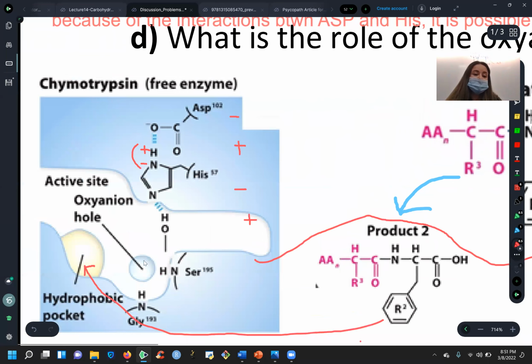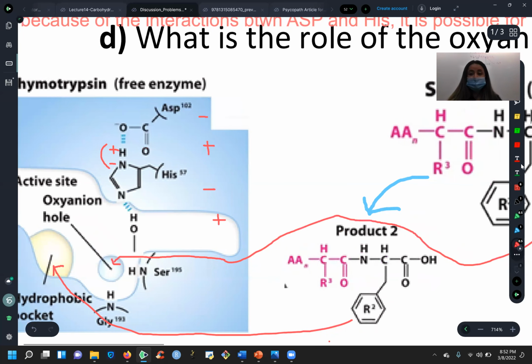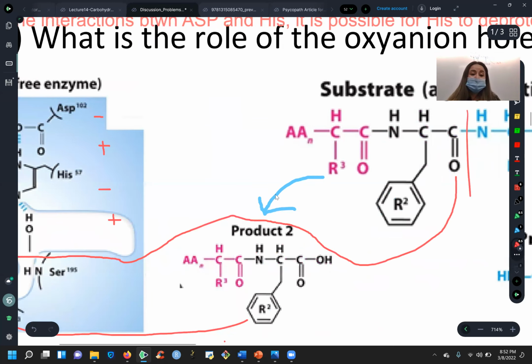And it's mainly the oxygen that fits in there. So we have the hydrophobic pocket, where our phenyl group is going to go. And then we have the oxyanion hole, and that is where the oxygen from the carbonyl from the peptide bond is going to go.